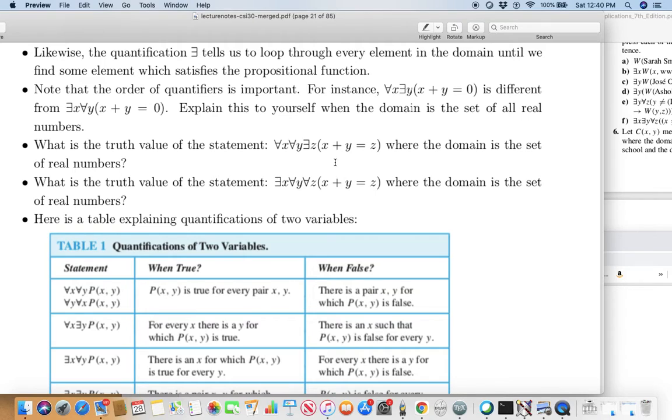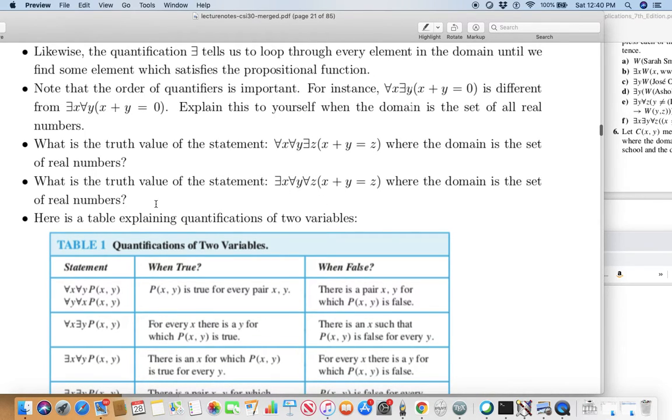For example, if x were 0, then z would have to be forced to be y. If x were 1, z would have to be 1 plus y. Z can't be arbitrary. So this one is a false statement. That's a true statement.